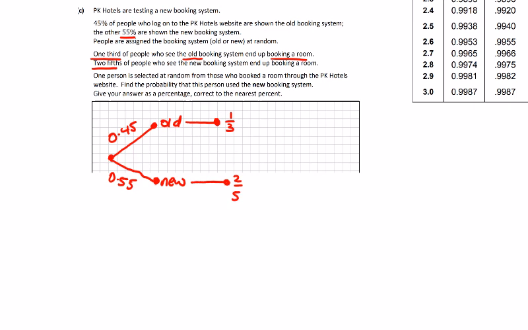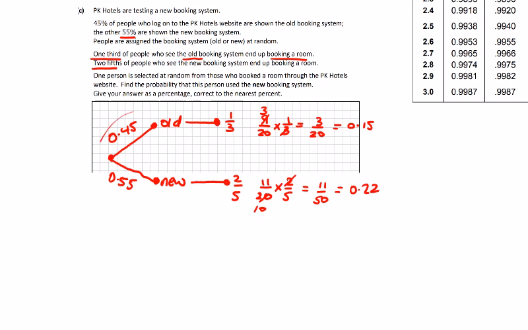So how many book a room? Well, this is going to be 9 over 20, 0.45, by 1 over 3, or just use a calculator, it's probably easier. That's 3 over 20, or 0.15, and this one is going to be 11 over 20, 0.55, by 2 over 5, which is 11 over 50, which is 0.22.